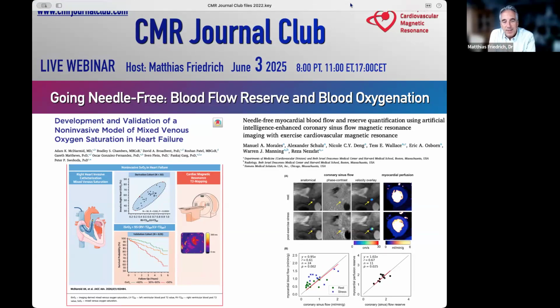It's very interesting work going back to work from Pankaj Garg, and now it's with the Leeds team, with Peter Svoboda presenting this. And then, a bit related to that, measuring myocardial blood flow and flow reserve with AI-supported technology, and so with MR during exercise. That's work from Reza Nezafat's team. I hope I can see all of you there then on June 3rd.